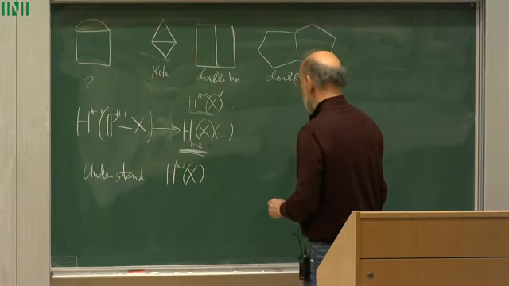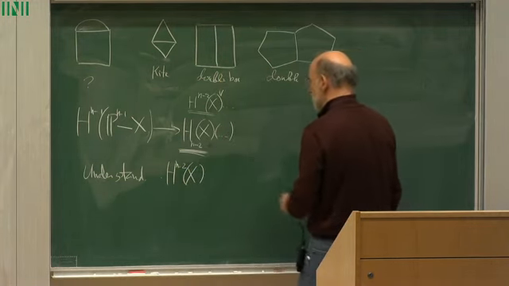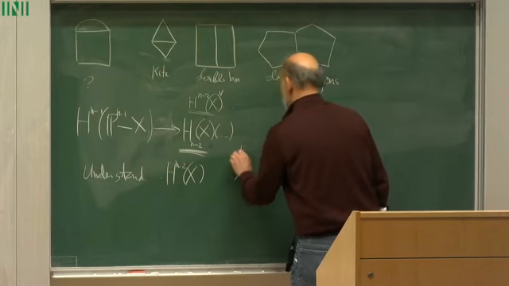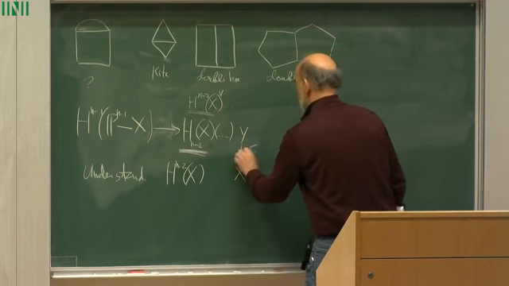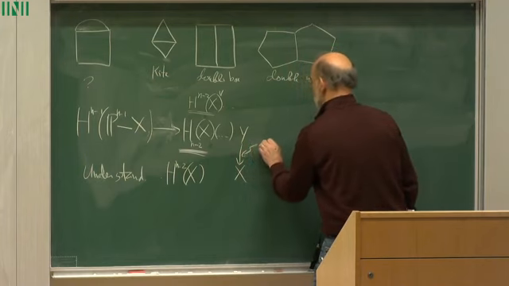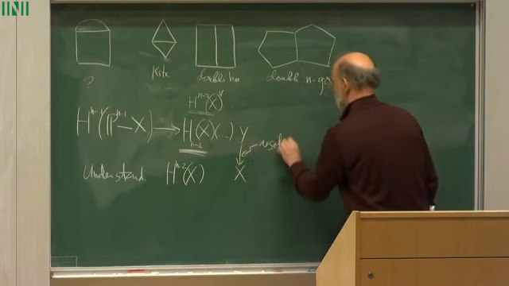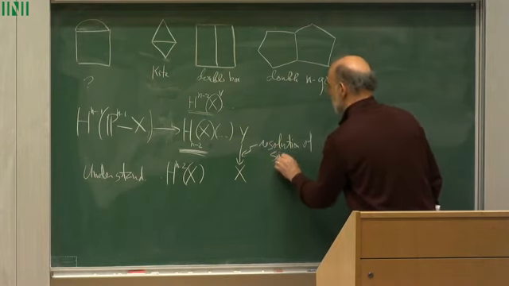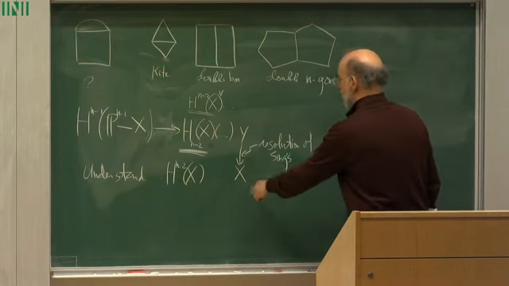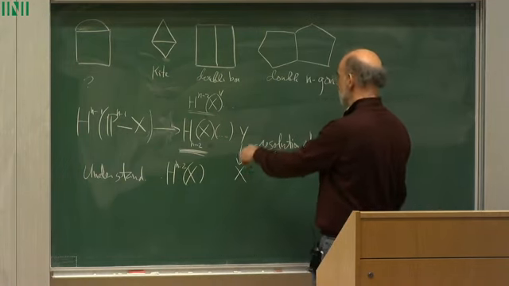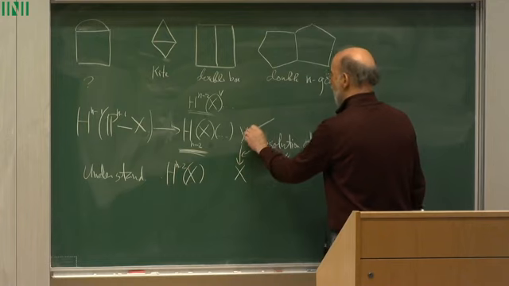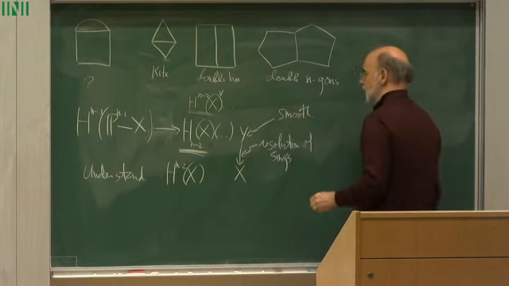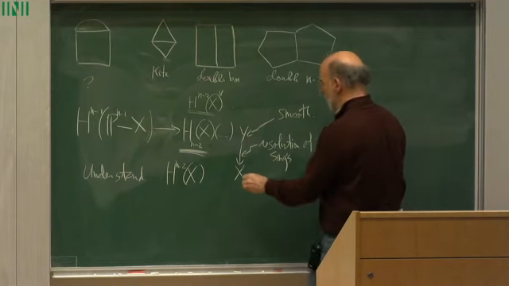And what do I mean by understand? Well, this can be complicated. But what one can imagine is that one takes some resolution of singularities. So it's a singular manifold. We somehow resolve the singularities, and we get a Y which is smooth. And then the cohomology will pull back.